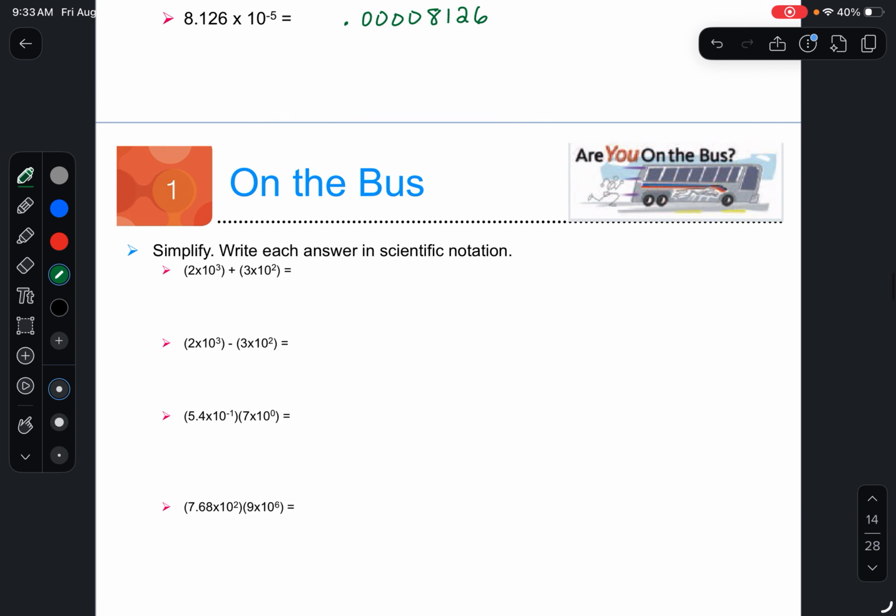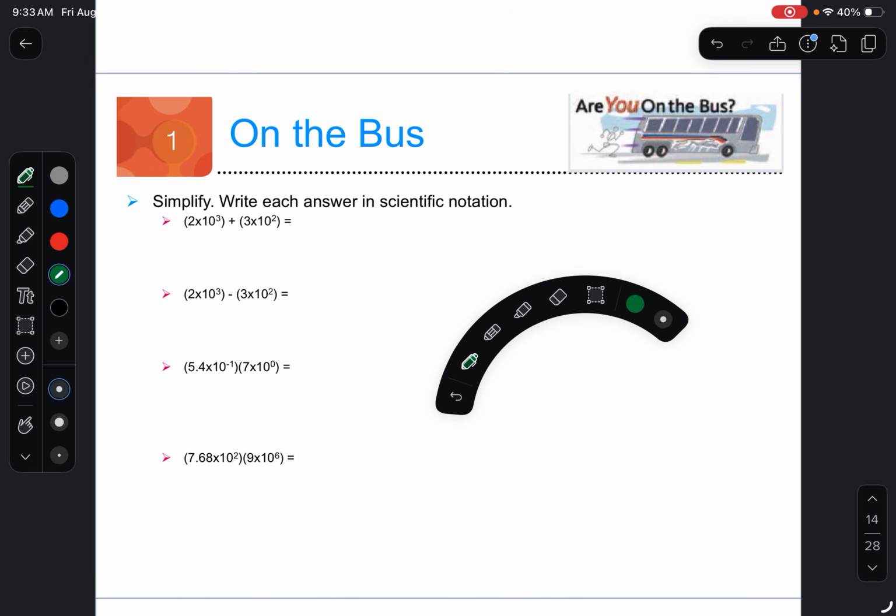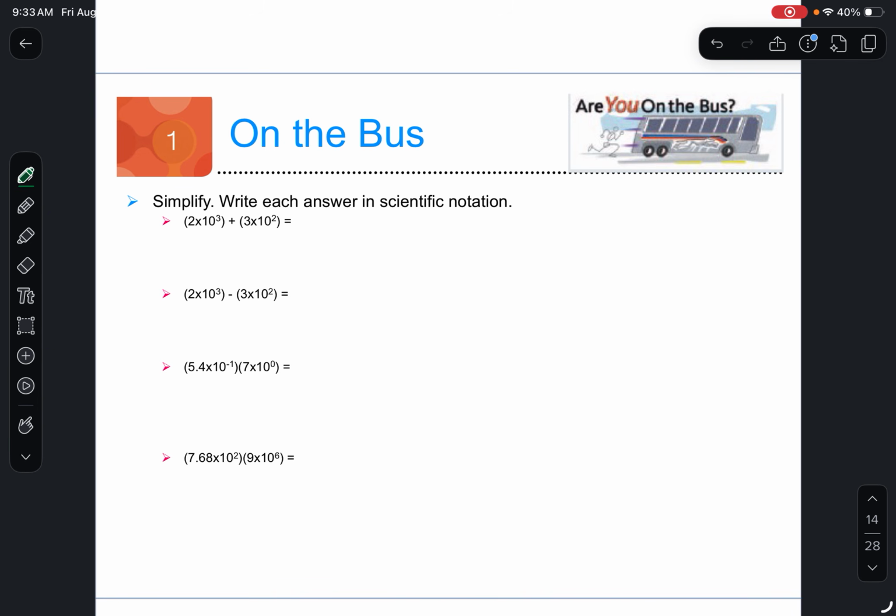Okay. Now we go to some practice in our calculator where we're going to put the numbers in, and we're either adding, subtracting, or multiplying the numbers. Okay, and I'm asking you to write each answer in scientific notation. So when you do this for our first one, you should get 2,300.